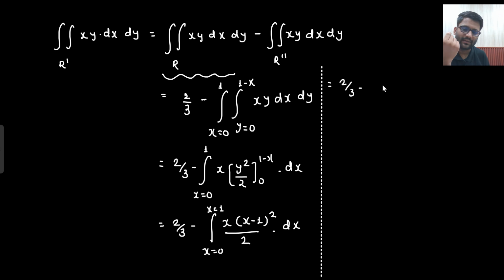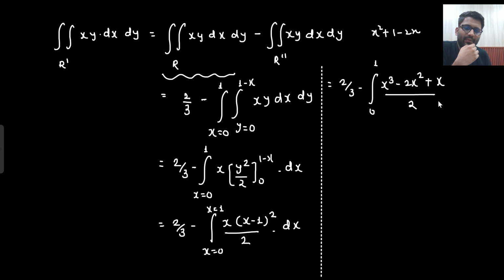2 by 3 minus, from 0 to 1, x square plus 1 minus 2x would be there, no? So that will be multiplied with x. So x cube minus 2x square plus x, divided by 2, dx.